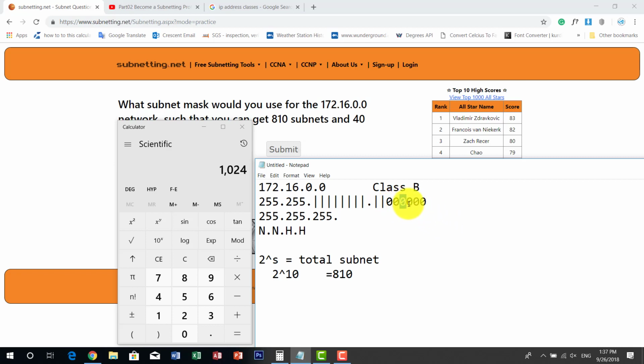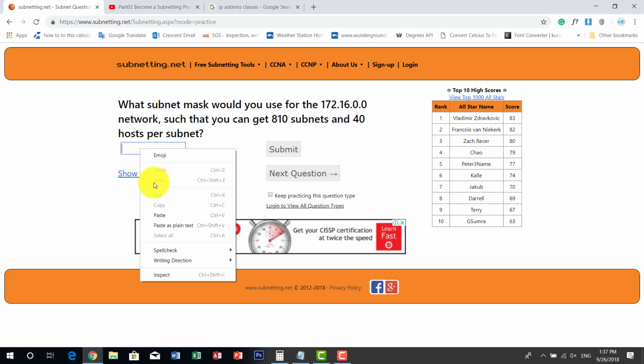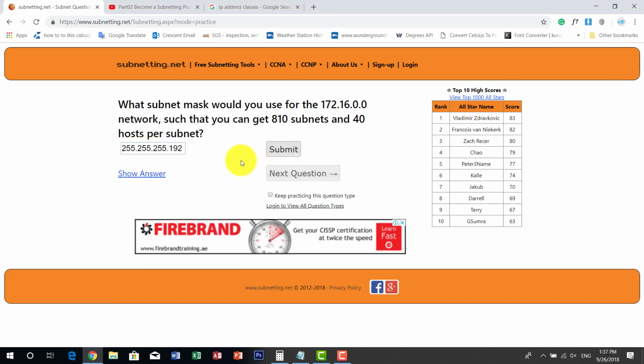So we get the sum of these 2 numbers, 128 plus 64, which equals 192. So our subnet mask is 255.255.255.192. So this is how easily we can find the subnet mask. We can check that the answer is correct.